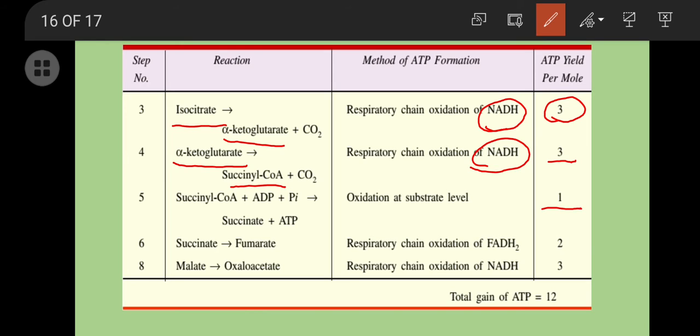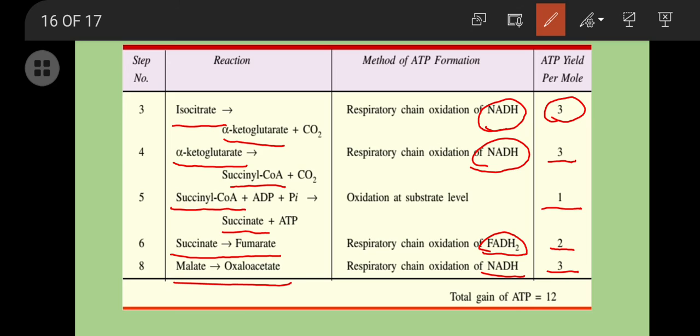One ATP molecule is produced during conversion of succinyl coenzyme A into succinate. One FADH2 molecule is produced during conversion of succinate to fumarate and produces 2 ATP molecules. And lastly, one NADH molecule is produced during conversion of malate to oxaloacetate and produces 3 ATP molecules.